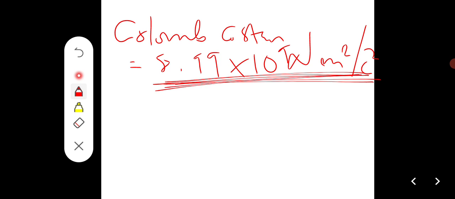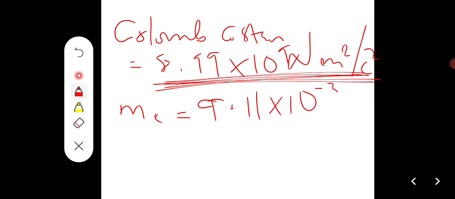Then we have the mass of an electron, which is 9.11 times 10 to the power negative 31 kg.